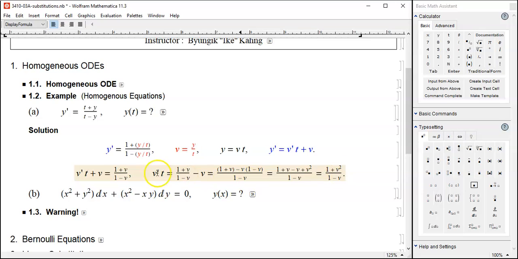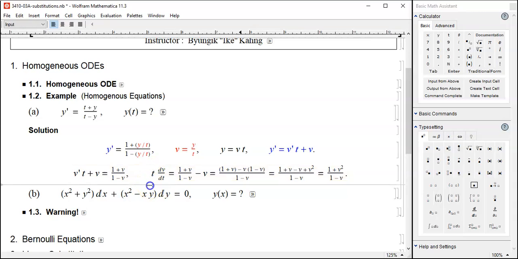Okay, we are ready. v prime t is equal to that, and it looks better if you rewrite this v prime t into dv over dt. It looks better this way. Okay, let's take the separation of variables.